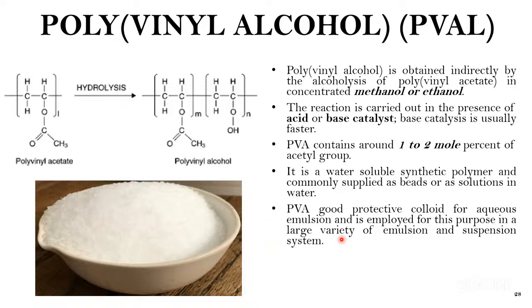PVA, or polyvinyl alcohol, is a very good protective colloid for aqueous emulsions. It acts as a colloid for proper mixing, because in emulsion polymerization we have two phases, your monomer and your solvent, which are sometimes difficult to mix. So PVA acts as a colloid for aqueous emulsion, and is employed for this purpose in a large variety of emulsion and suspension systems. It helps to mix two immiscible phases.